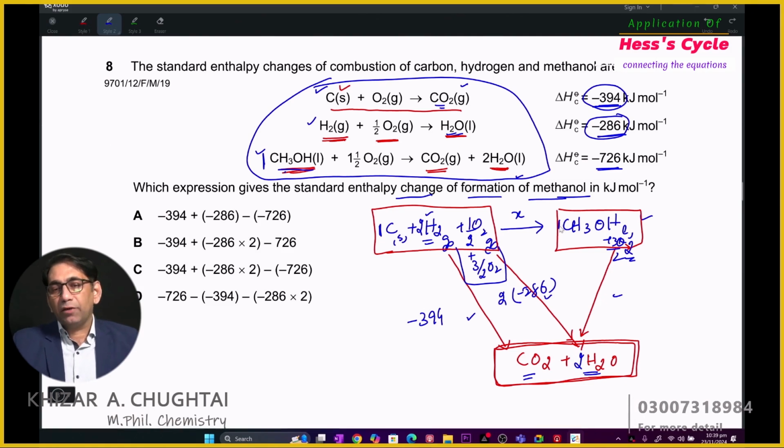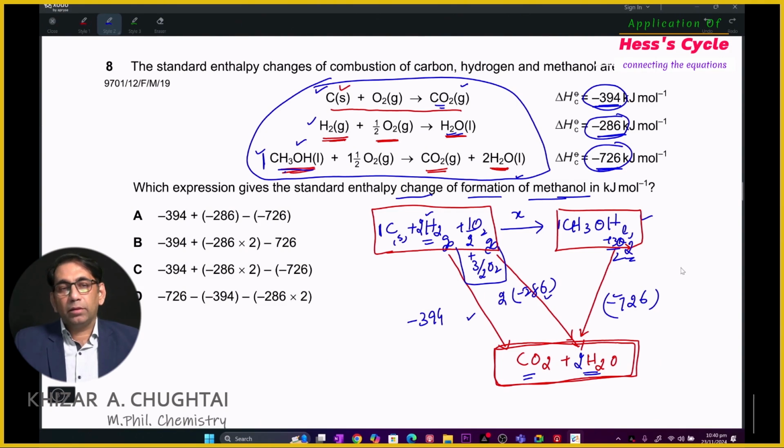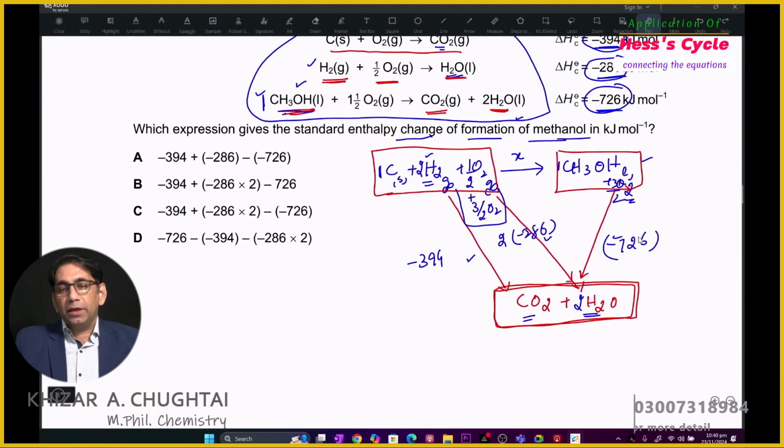What is the answer of 1 mole of combustion of methanol? That is minus 726 kilojoules per mole. Now this is the time to apply the Khizar rule, and here it is. Basically, this is the vector that should be the resultant vector.